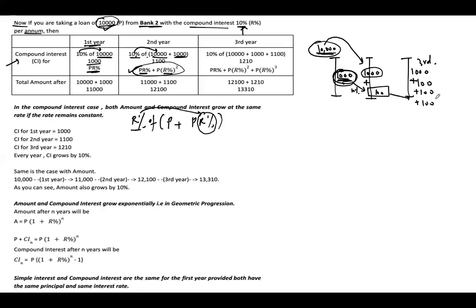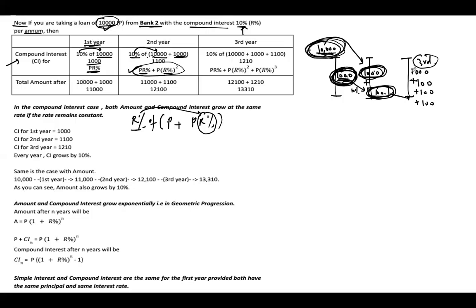Is it clear? Whatever that is there in the bank, you'll get interest on it. This is in the bank. This is also in the bank. This is also in the bank, and this is also in the bank. So in the third year, you'll get interest on all these amounts.